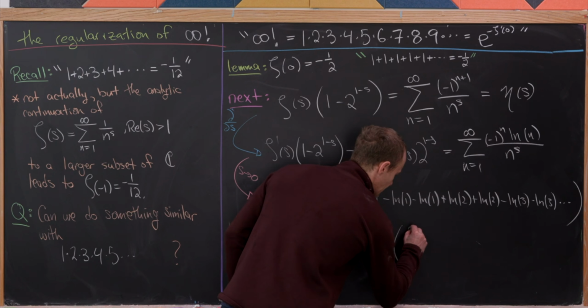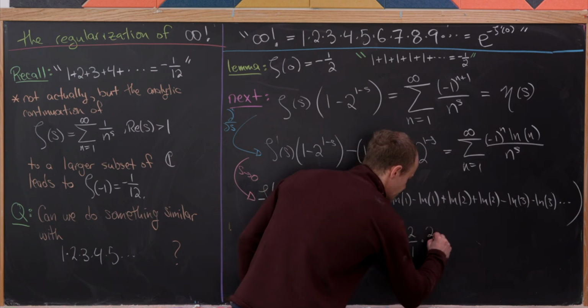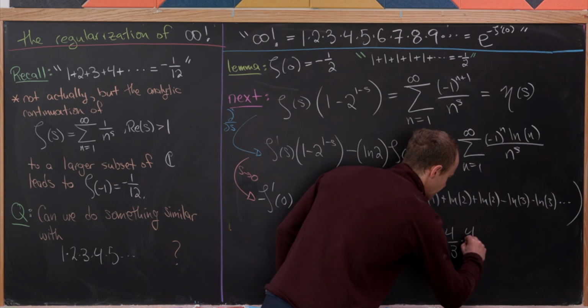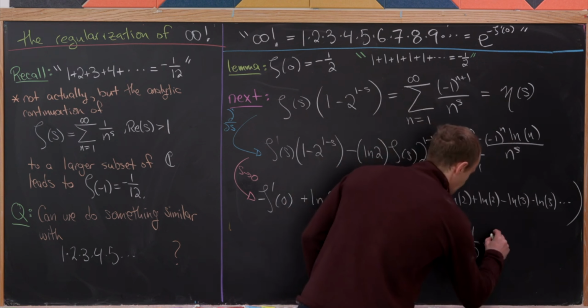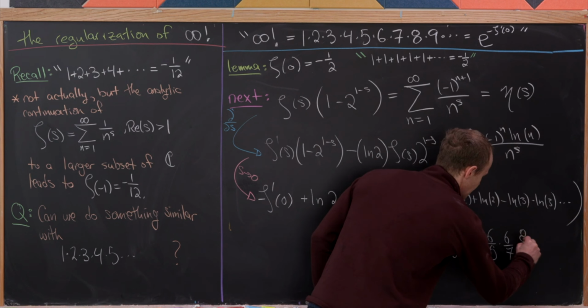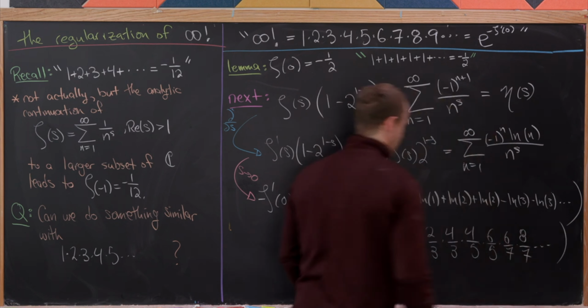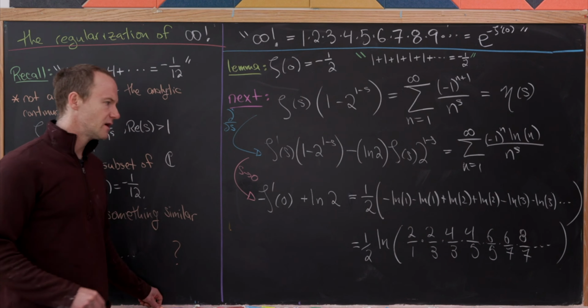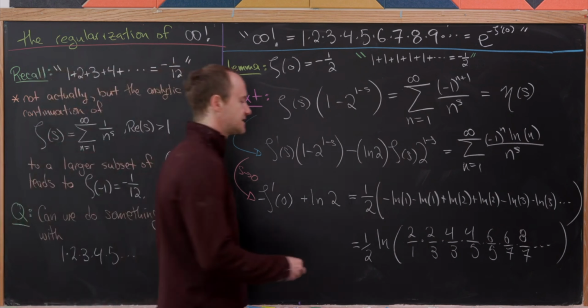So note that we'll have 2 over 1 times 2 over 3 times 4 over 3 times 4 over 5 times 6 over 5 times 6 over 7 times 8 over 7, so on and so forth. So we've got that type of product. But perhaps that product is familiar.